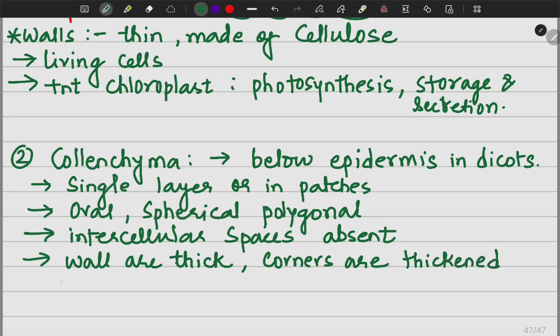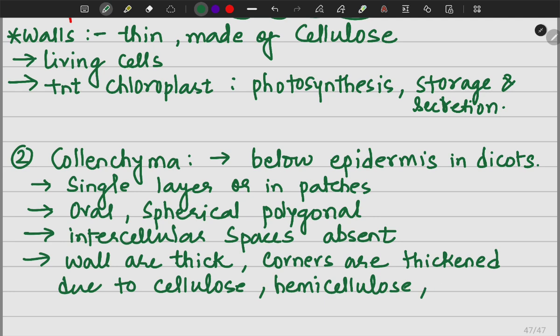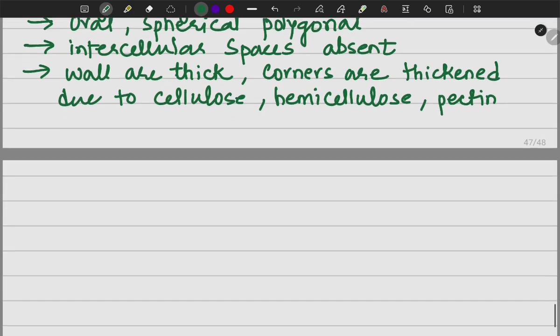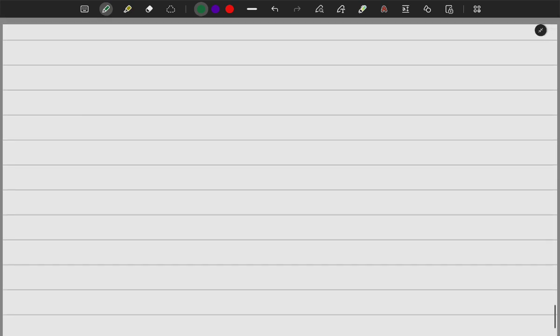Corners are thickened due to deposition of cellulose, hemicellulose, and pectin. Alright, so if we look at the structure of a collenchyma, usually the cells are like this.